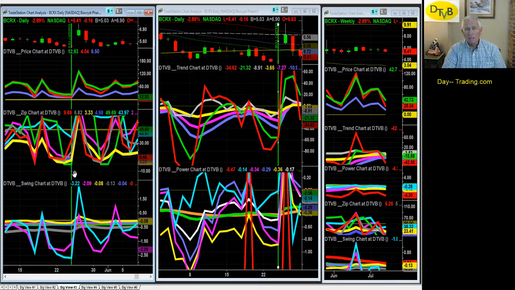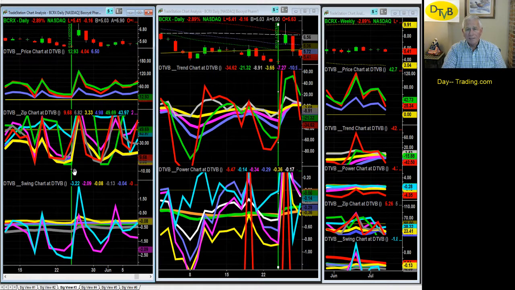And so that's a clear example of price divergence, but it shows us the power of identifying what happens the next day when you have strong movements out of Zip Red, because Zip Red is the fastest moving line that we have on the system. Swing Pink is probably the second fastest.